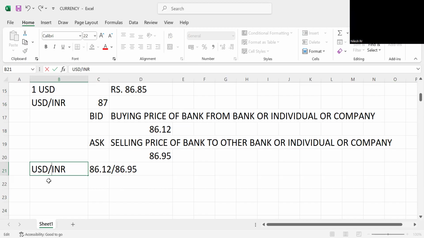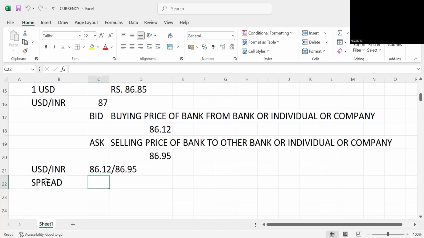And you can see there is some spread. There is some earning by the bank. You can see that 83 paisa. That 83 paisa earning is called the spread. Spread over here is ask minus bid.